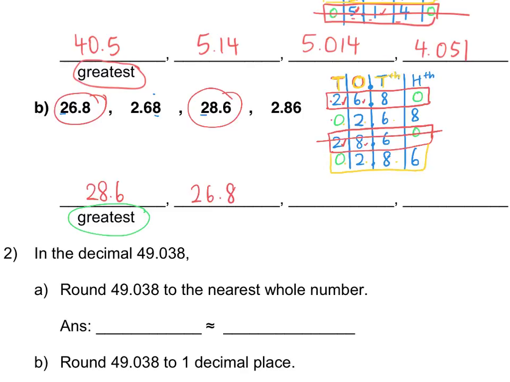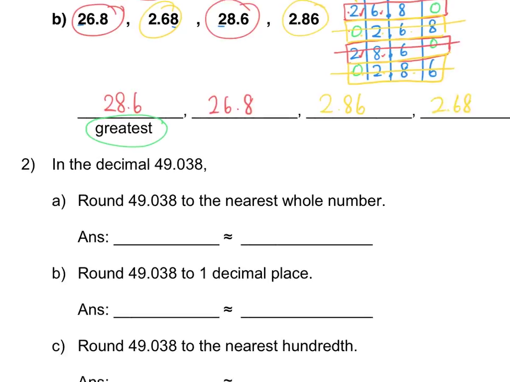So this is the next greatest decimal, that is 2.86. After writing, we cancel, and therefore the smallest decimal is this decimal here, which is 2.68. After writing, we cancel. So this is the answer for part B.